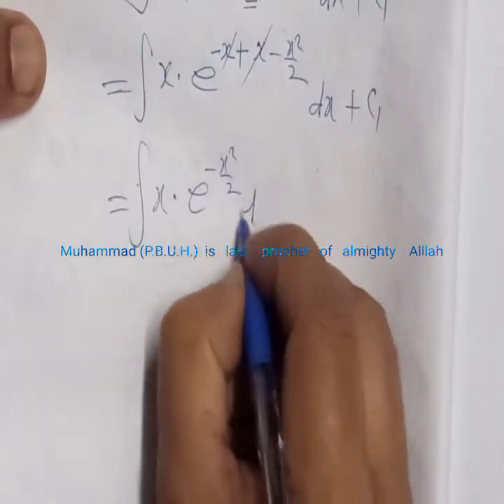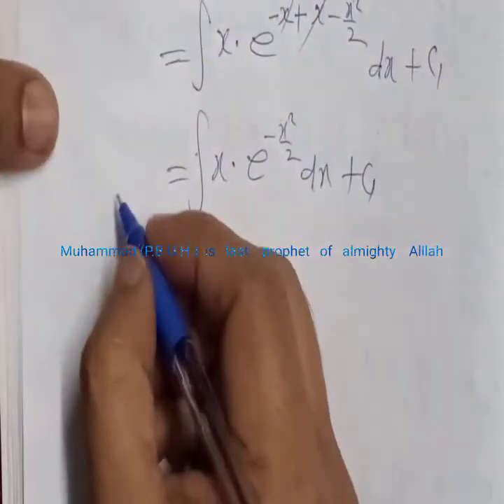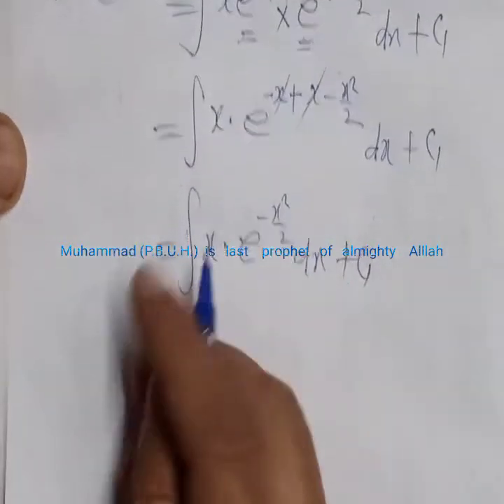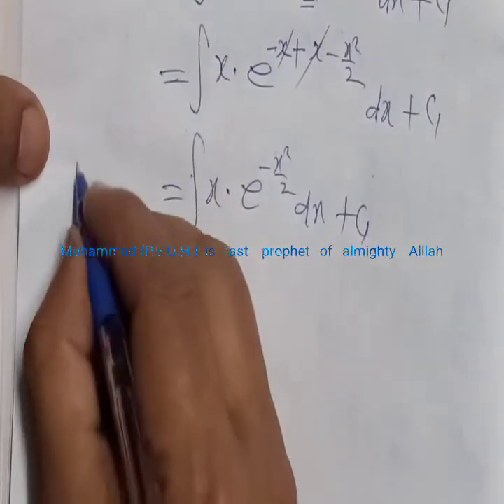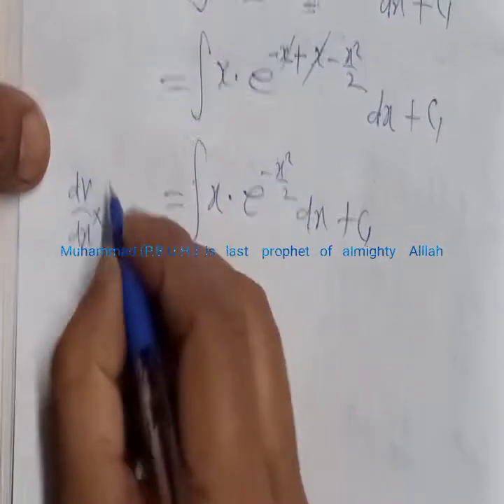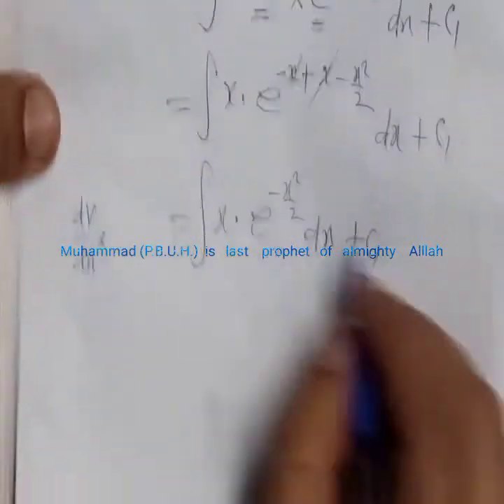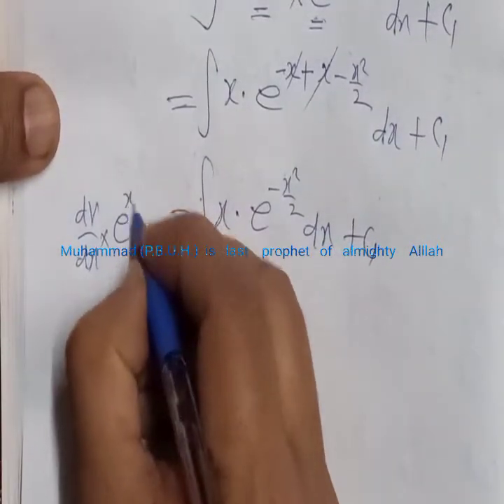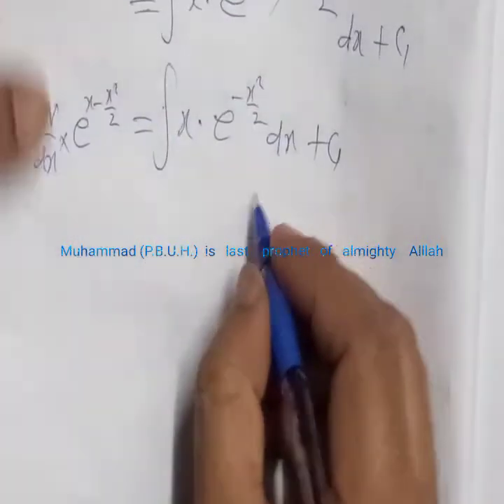x square by 2 dx plus c1, and write the value of small v, which is dv over dx. So I write dv over dx, and it is multiplied by e to the power x minus x square by 2.